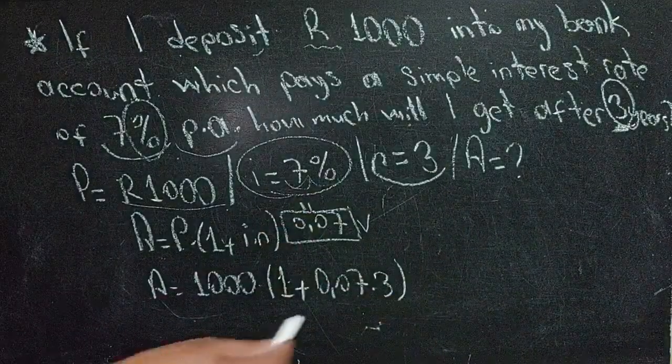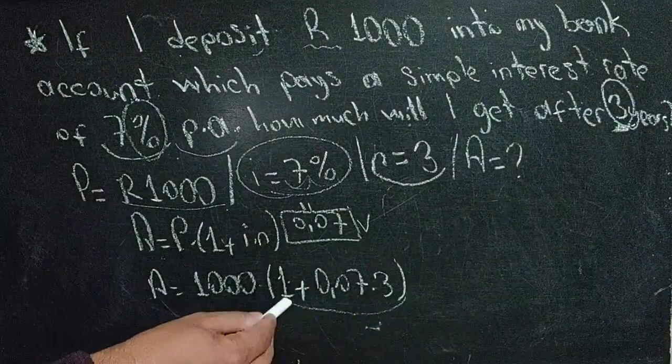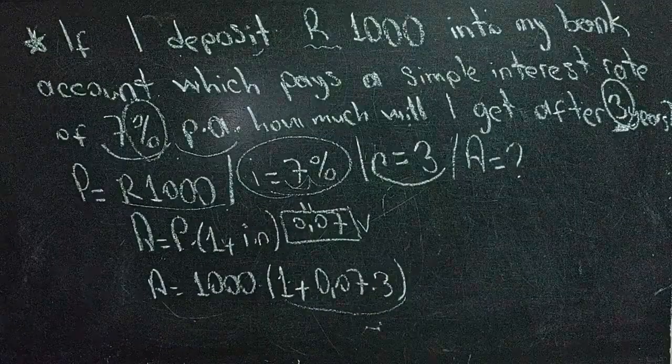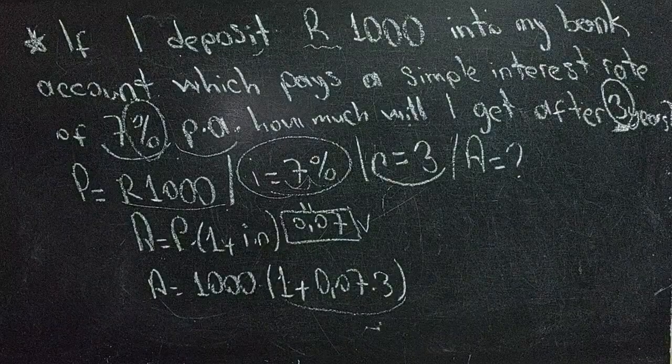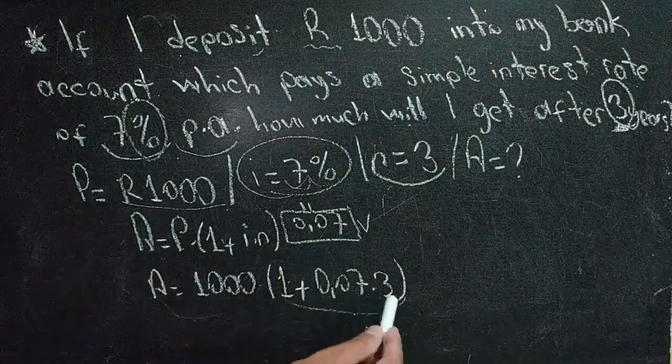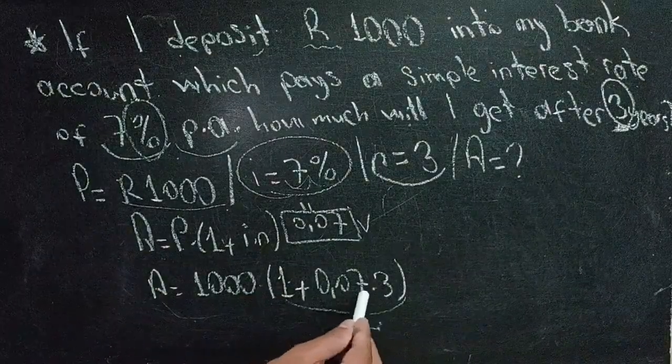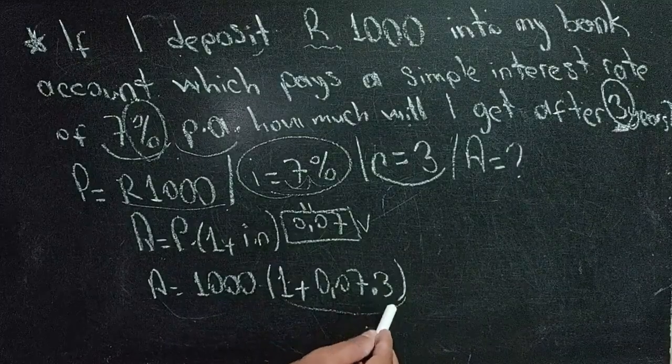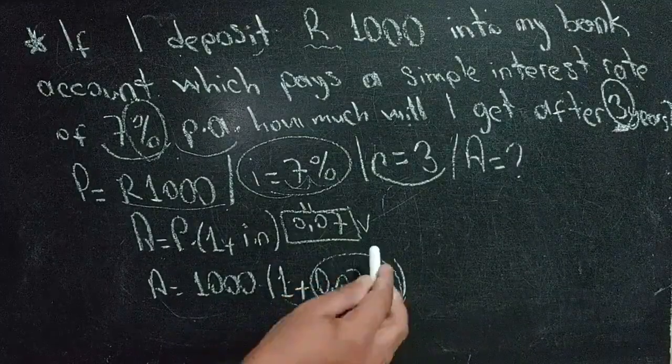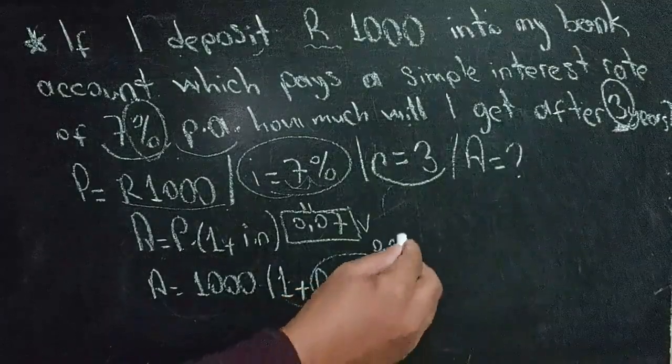All right, now I'm going to calculate this part first, then multiply by 1000. So now this part, 0.07 times 3, will be 0.21.